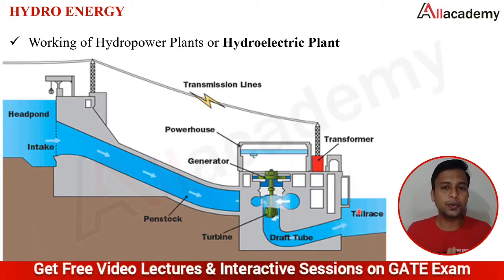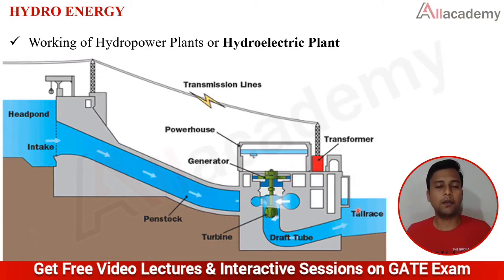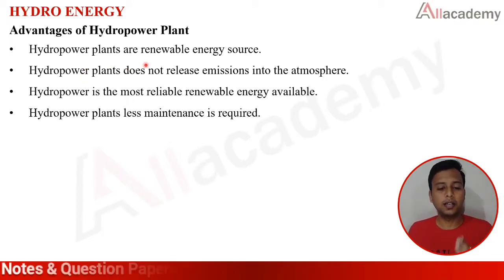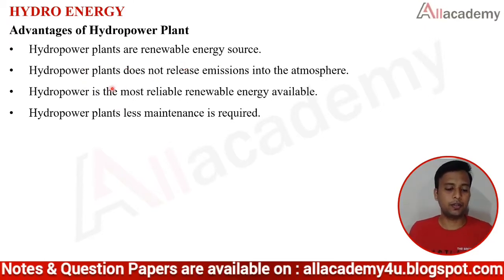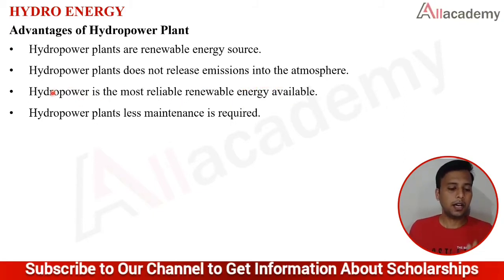So let us look into the advantages and disadvantages of the hydroelectric power plant. Now if you look into the advantages of a hydro power plant, as I have already discussed, hydro power plants are renewable energy resources. Hydropower plants do not release emissions into the atmosphere, and a hydro power plant is the most suitable, reliable energy resource.